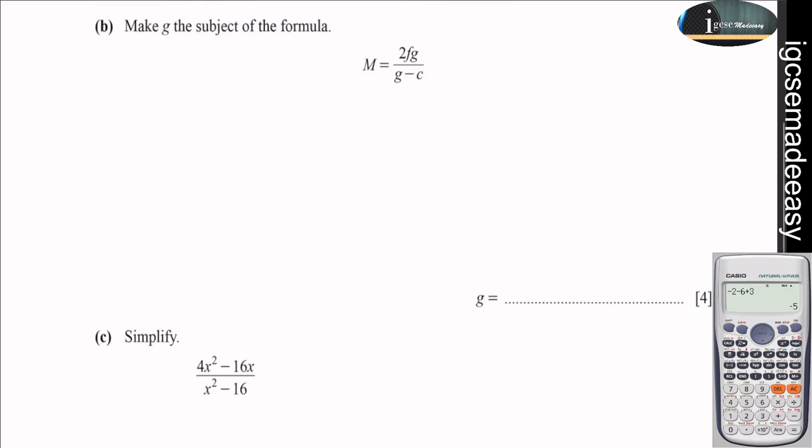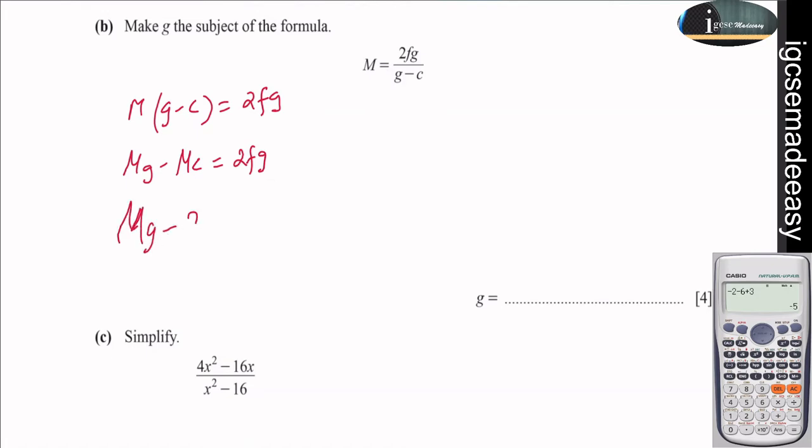Part B, make g the subject. So we can cross multiply. So m into g minus c equals 2fg. Then mg minus mc will be equal to 2fg. Because this also has g, this also has g, so we can take it together. mg minus 2fg equals, I'll take this mc over to the right hand side.